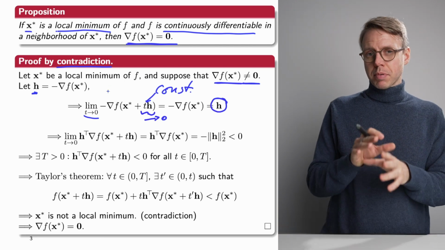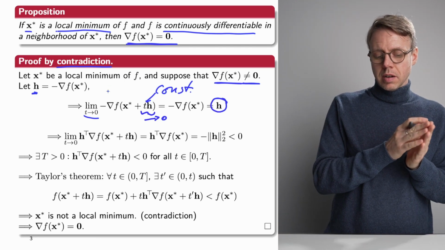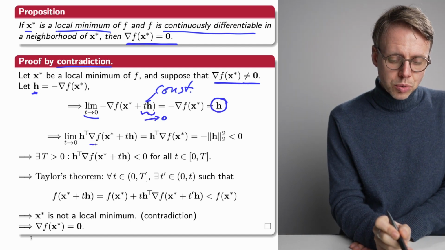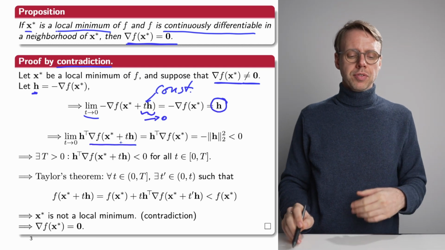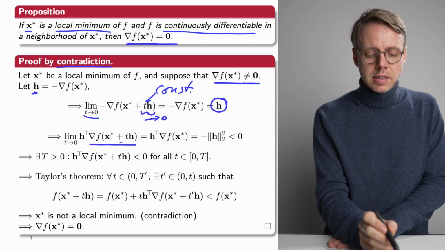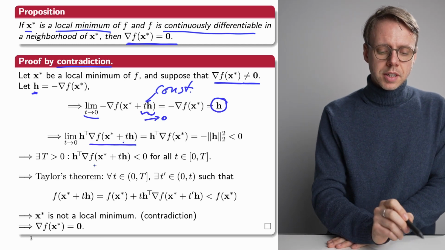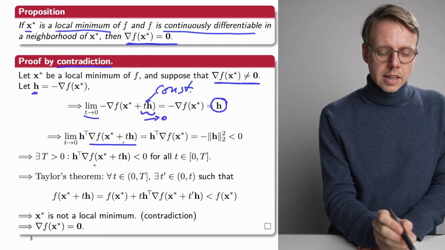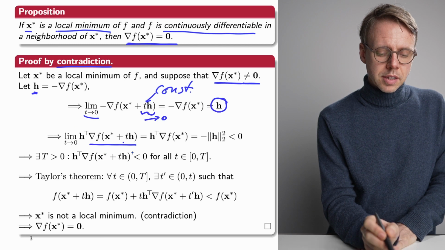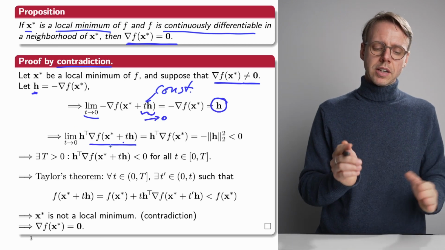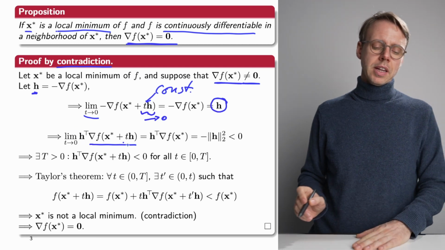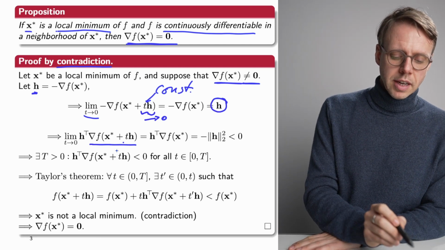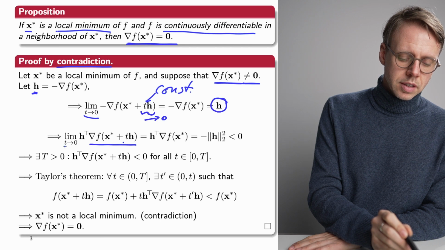In the next step, let's multiply h to the gradient of f at x star plus, again, a small constant t times h. And let's look at how this product of these two vectors, so the vector h and the gradient vector at x star plus th, looks in the limit.